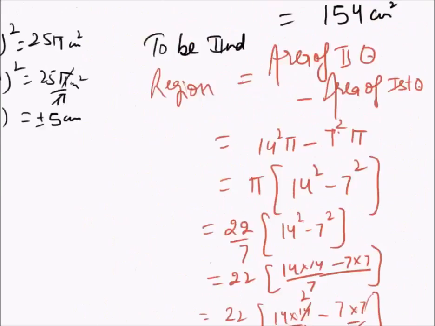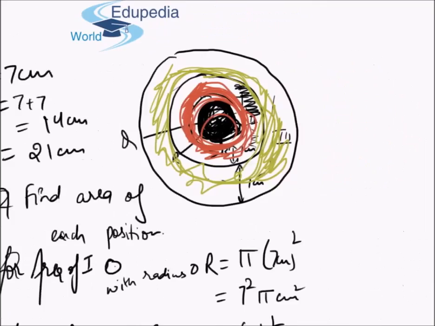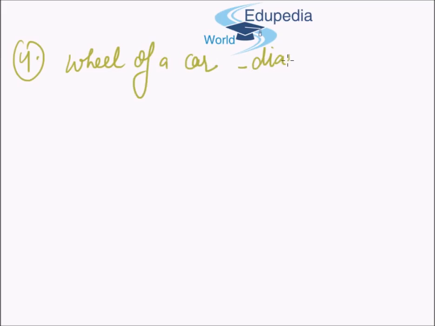So friends, this was another question, the application of the formulas. Let us have another question to clarify the two formulas. The question says the wheel of a car has a diameter of 80 centimeter.